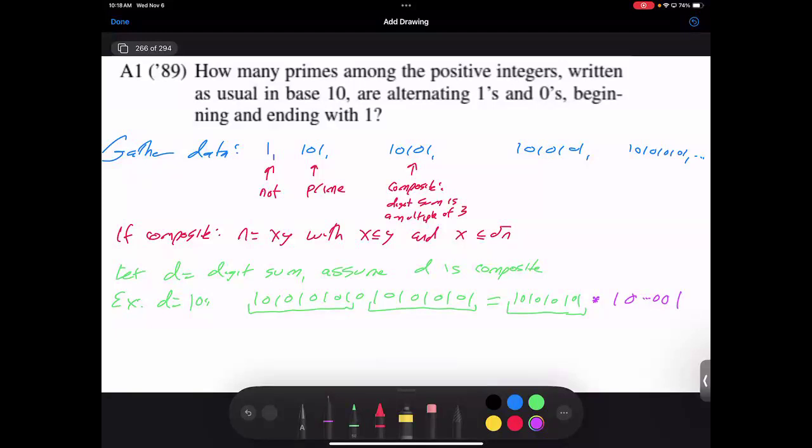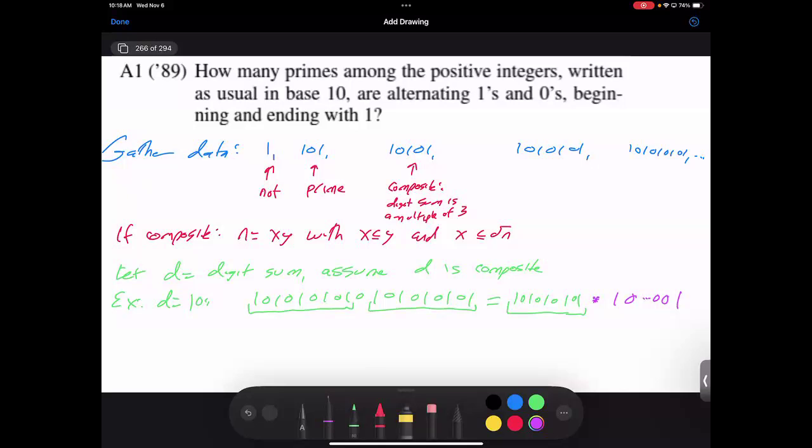So this shows how to do it if this digit sum is composite and a multiple of 2. If it's a multiple of 5 or whatever, I think you can see how you would do this. You could just separate things out well enough and have the blocks not see each other. This still leaves infinitely many cases. And this is, in fact, not how you would actually solve the problem.